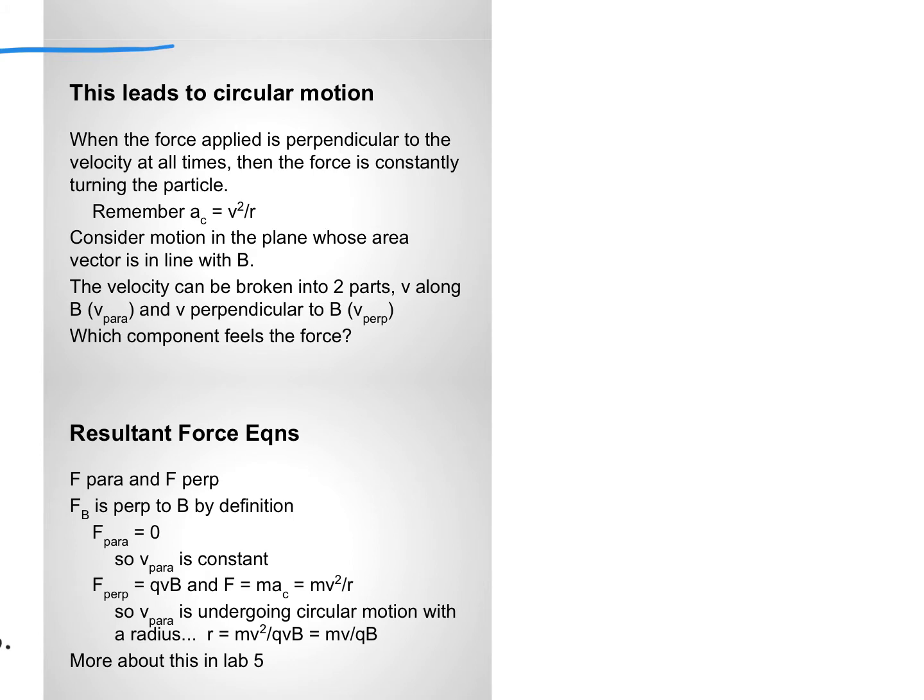So when the force applied is perpendicular to the velocity at all times, and the force is constantly turning the particle, remember that the centripetal acceleration is the speed squared divided by the radius. This is something that I double-checked to make sure that you had at least heard of during the "Are you ready?" questions at the beginning of the semester.